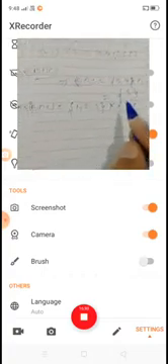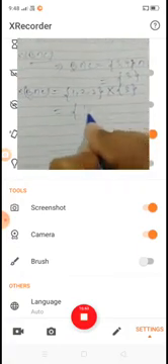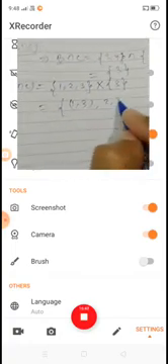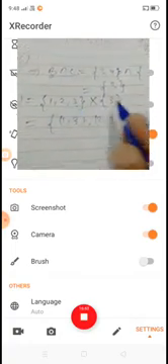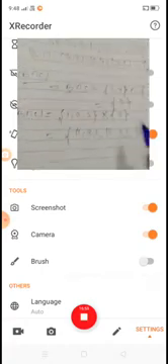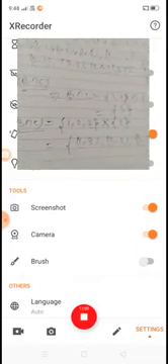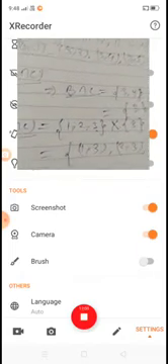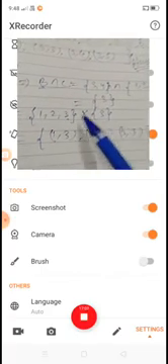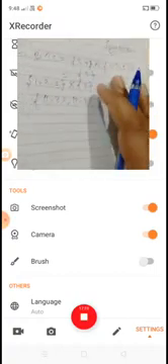So we have (1, 3), (2, 3) and (3, 3). So the value of A cross (B intersection C) is {(1, 3), (2, 3), (3, 3)}. This is your answer.